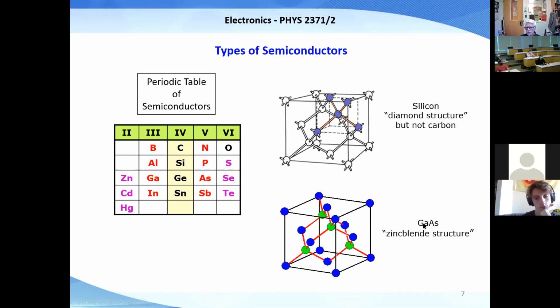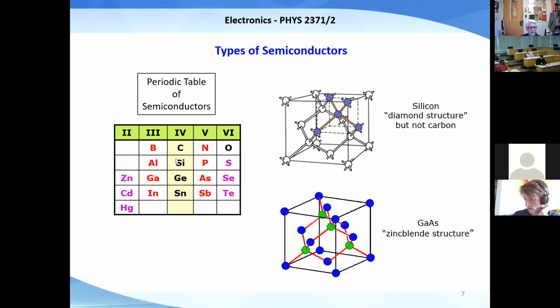Another very important semiconductor is gallium arsenide. It has a different name, zinc blende structure, but every other atom is gallium, and the other atoms are arsenic, so they're half and half. Okay, but notice one thing. You have silicon, a nice semiconductor, and gallium arsenide, another one.